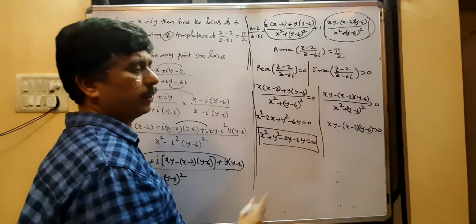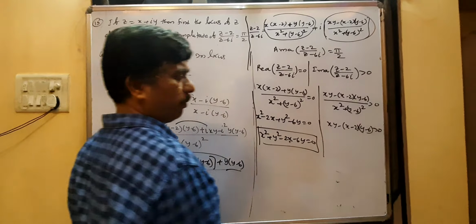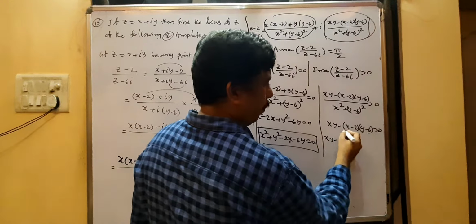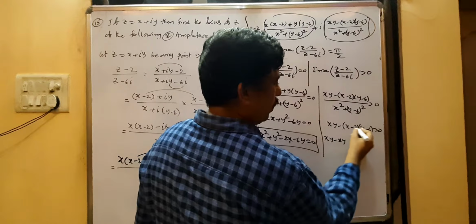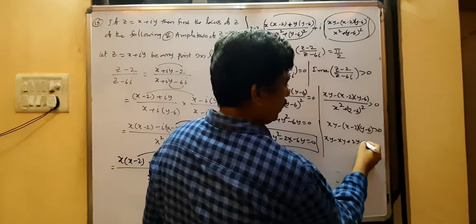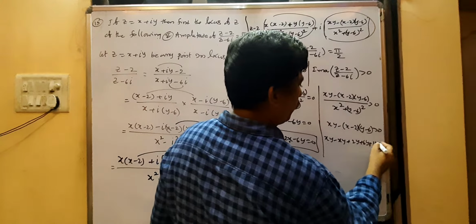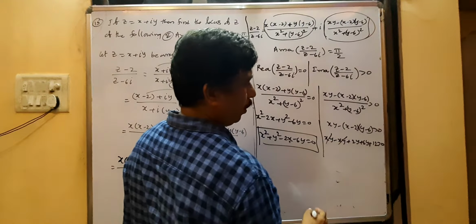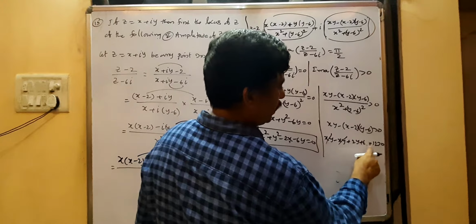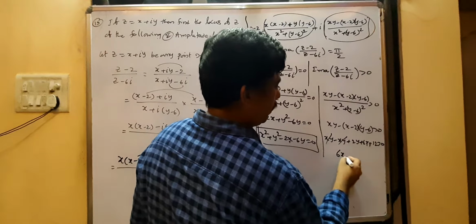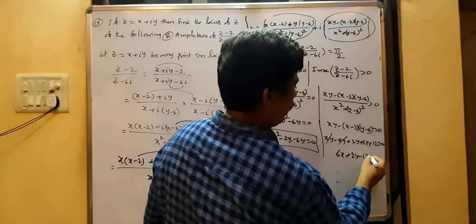Simplify; the denominator on the right hand side, 0 into something we will get 0. Simplify here: xy minus xy plus 2y plus 6x minus 12 greater than 0. xy cancels obviously, that is 6x plus 2y minus 12 should be greater than 0.